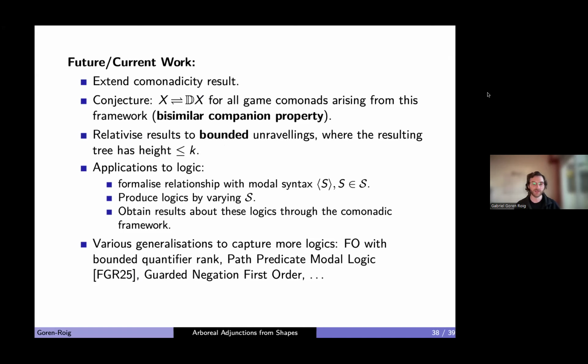Then we have variants, various generalizations that should work to capture more logics. But maybe more importantly, we have to pin down the formal details of this correspondence with syntax and then give examples, because this should provide a lot of potentially interesting examples of logics that are captured in a parametric way.